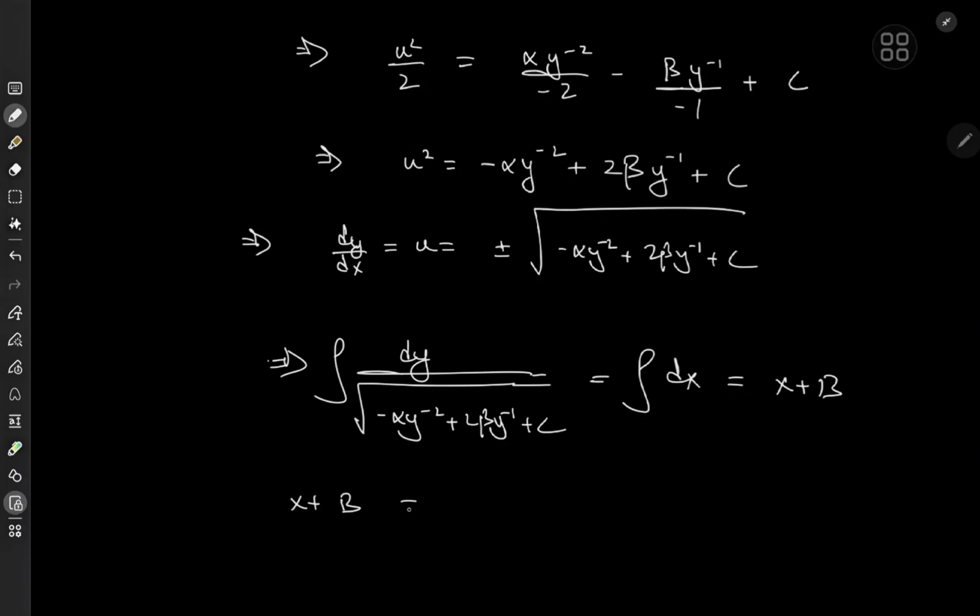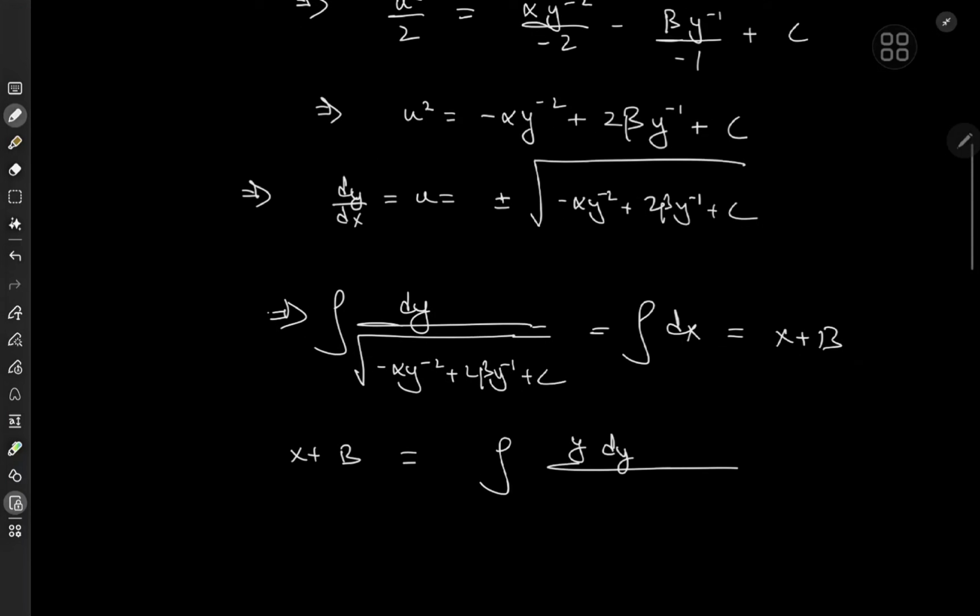So x plus b here equals the integral of dy over, I could expand using y, in other words root y squared, which would yield a nicer looking expression in the square root. So by that token, we have, my OCD kicking in, cy squared plus 2 beta times y minus alpha.